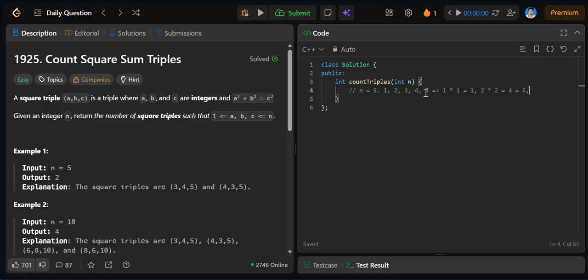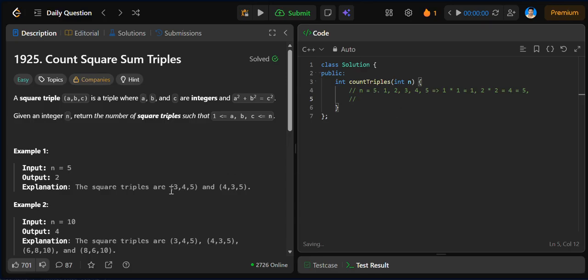But none of these is equal to 5, like 5 into 5 is 25, so there is no match. So now we just have to go to the next one.